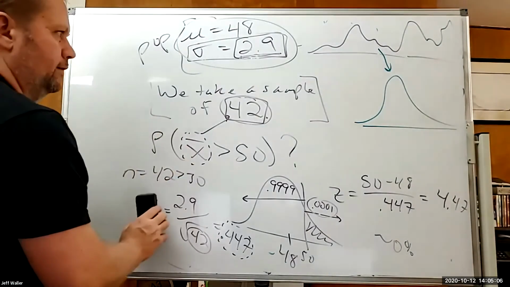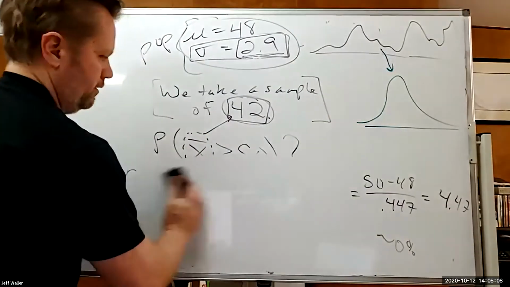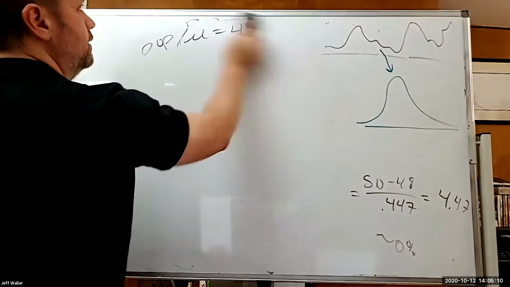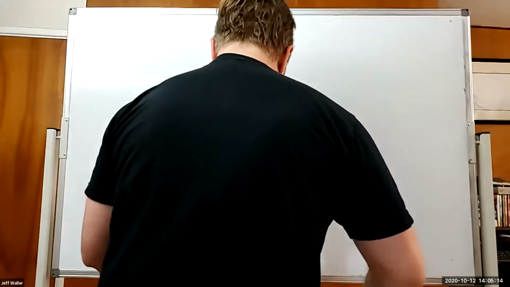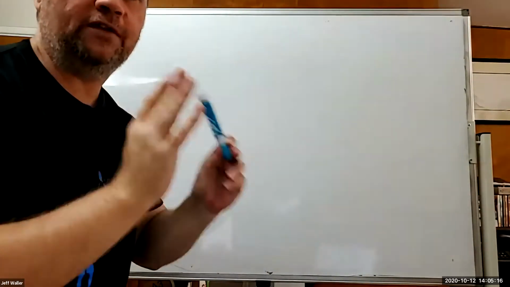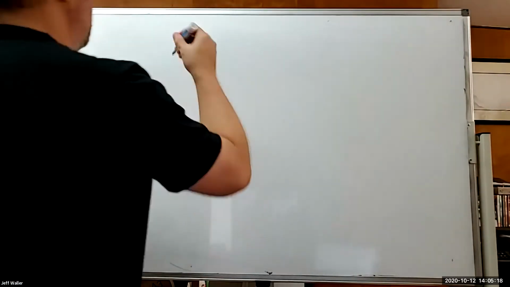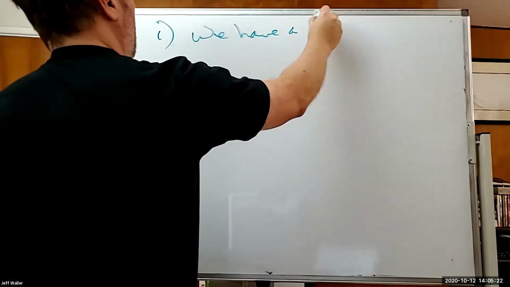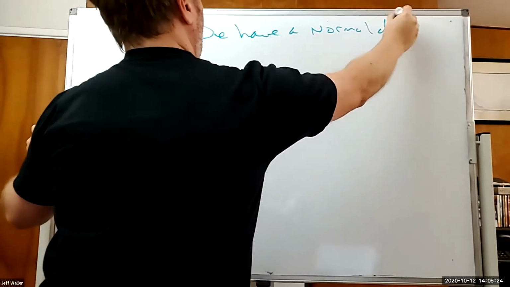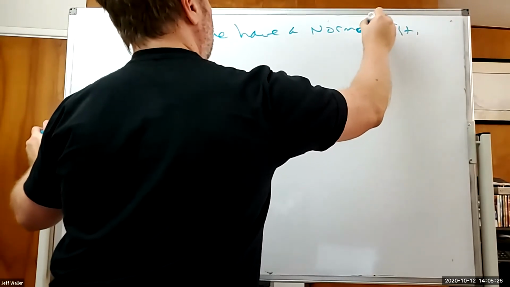All right. The other part of this I want to emphasize is basically what we were just talking about. What if I tell you that every problem we've done so far is exactly like this? We have a normal curve. This is all the problems in chapter 6.